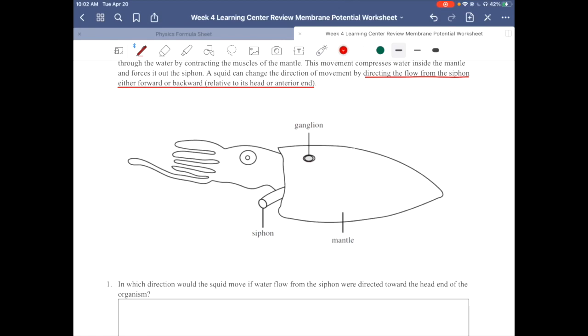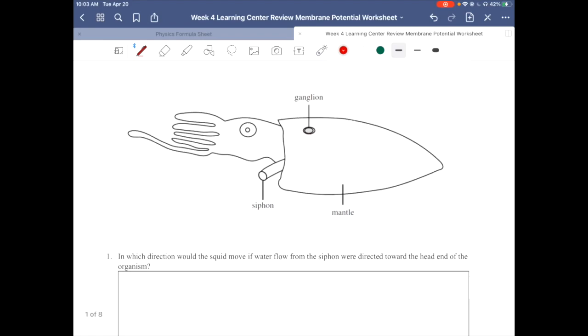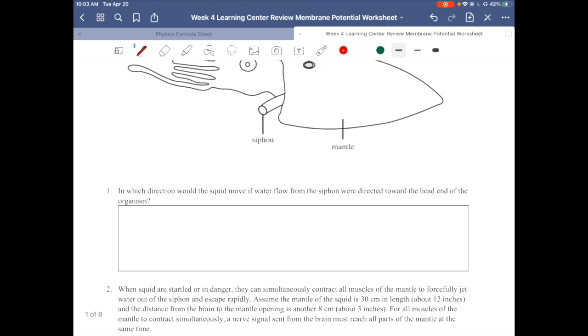So if it's pushing towards its head end, then the squid is going to move backwards, or towards its tail end. The opposite would be if the siphon were directed backwards, pointing towards the tail of the organism, then the squid would move forward. So I'm just going to write that down really quickly.